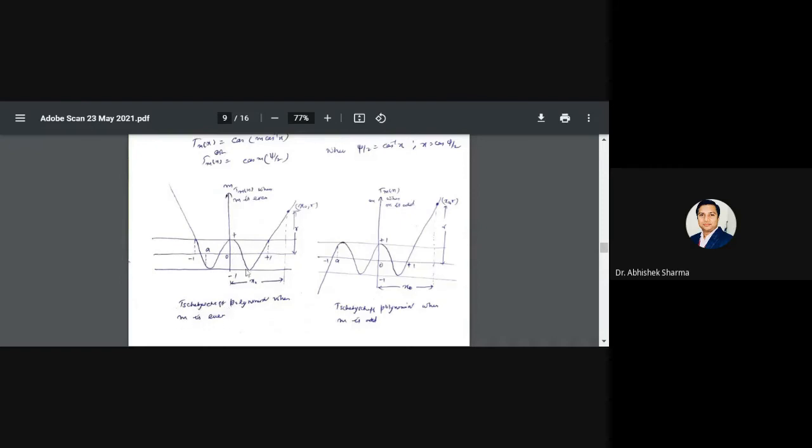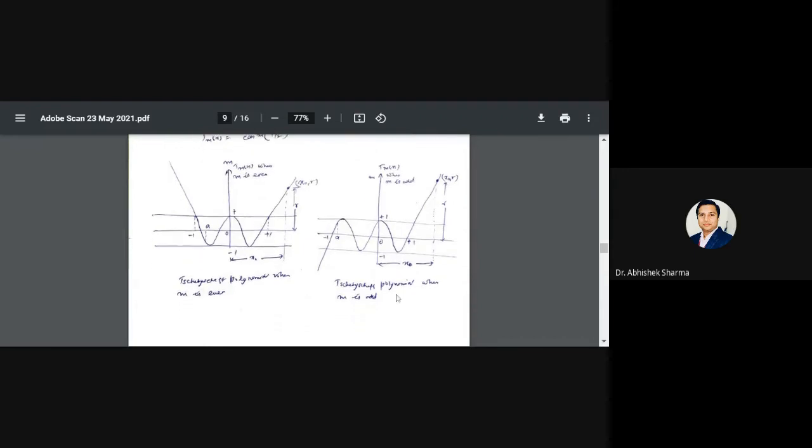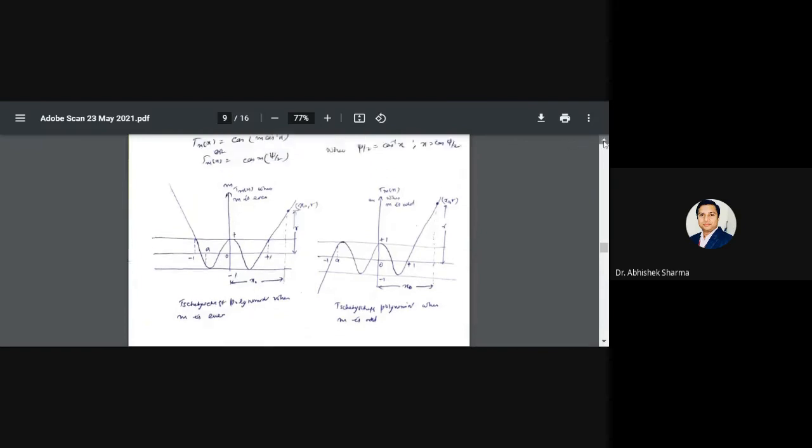Here this x is from the 0 point to a point over here in space at a distance r, and that value is x naught, and this is the graph for this Tmx.